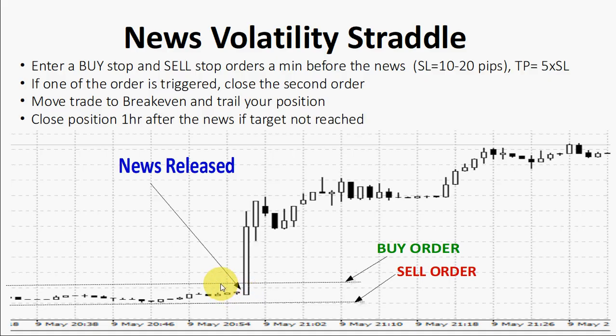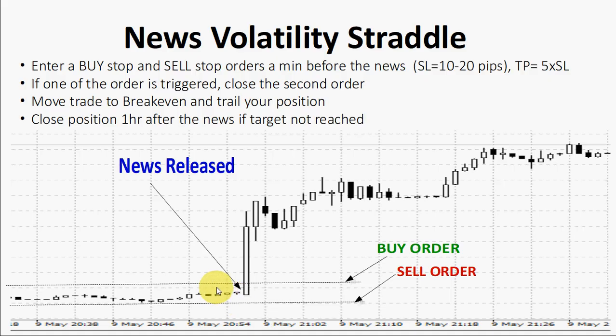So let's say you put it 10 pips above the current price, 10 pips below the current price. The number of pips also depend on the news you are expecting. If you're expecting a big news, make sure the points are wider. If it's a smaller news, it could be 5 points above and 5 points below.